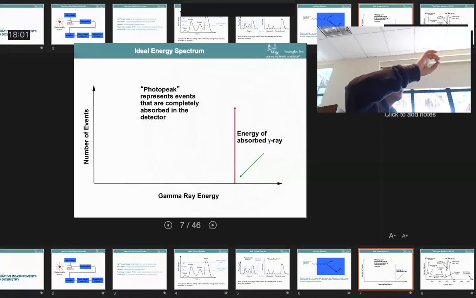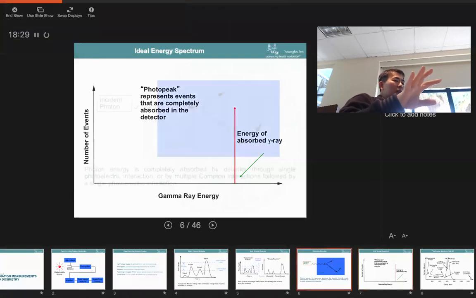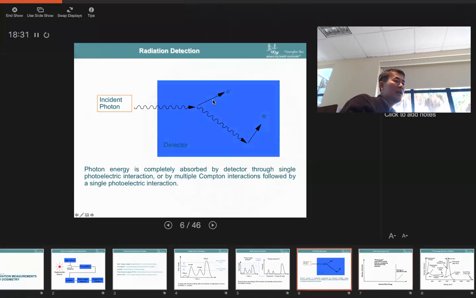If it's coming from a single energy gamma ray, just one line is what your energy spectrum should look like. But again, that's not the case because there are many other factors. The first factor is that our radiation detector is not perfect in terms of energy resolution. There's some blurring in the precise measurement of the energy level. And also, this interaction is not always 100% observed this way.